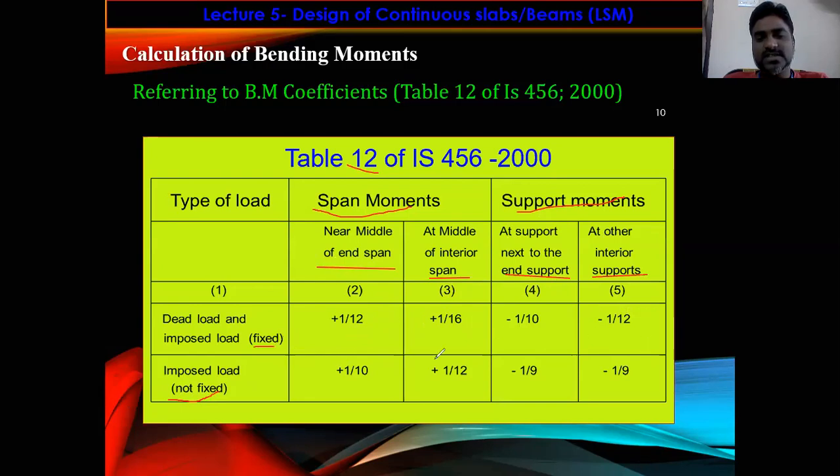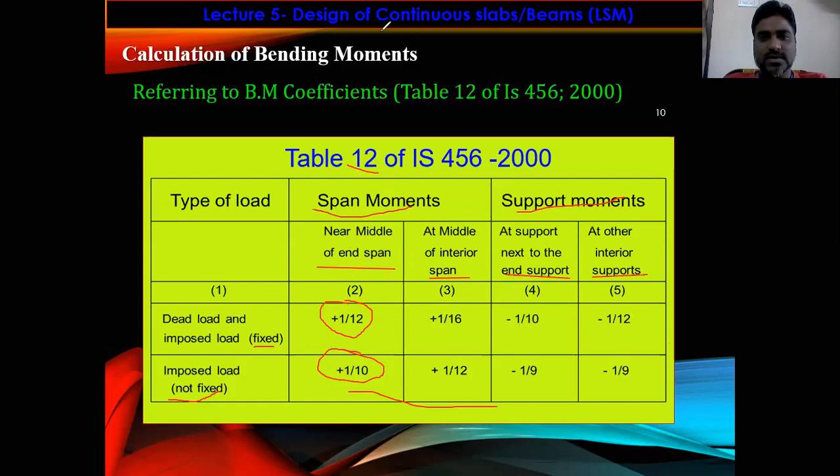Depending upon your requirement, you can determine the span moments as well as support moments, and based upon that, you can determine the area of steel and other calculations, right? So for near middle of end span, for fixed it is 1 by 12, and for not fixed it is 1 by 10. And at middle of interior span, that means for fixed, what is this one?